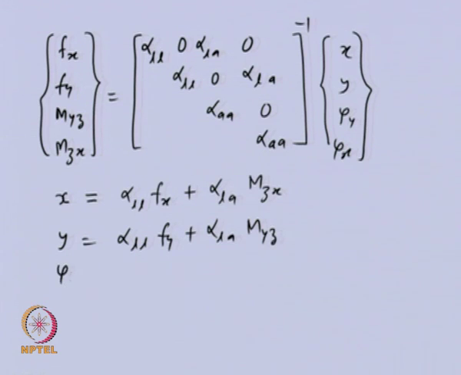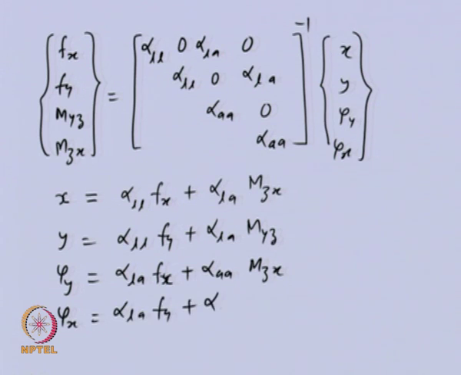Similarly, for the other two angles, let us say phi y, we have alpha linear angular fx plus alpha angular mzx, and this last one, alpha angular linear fy plus alpha angular myz.